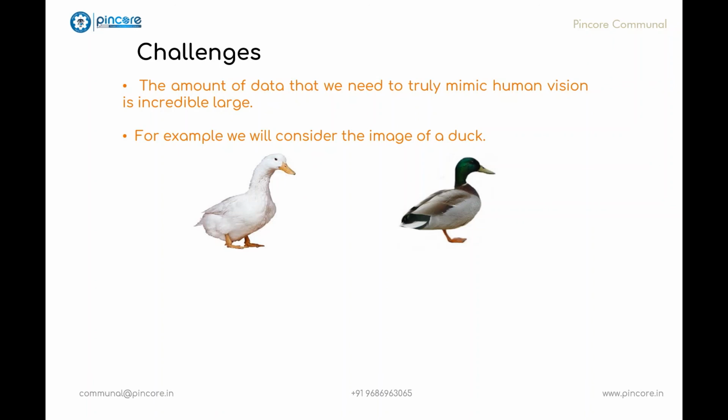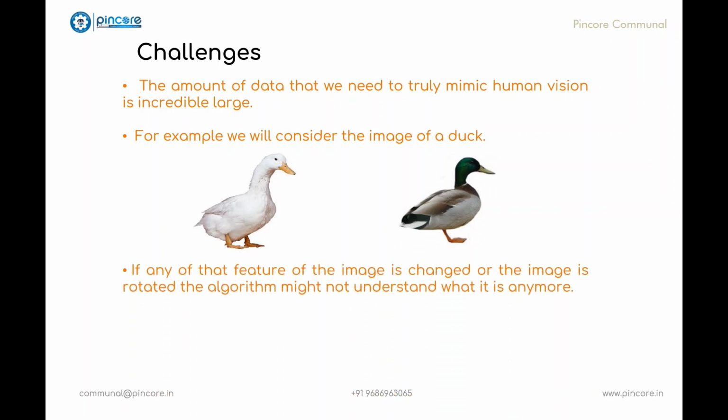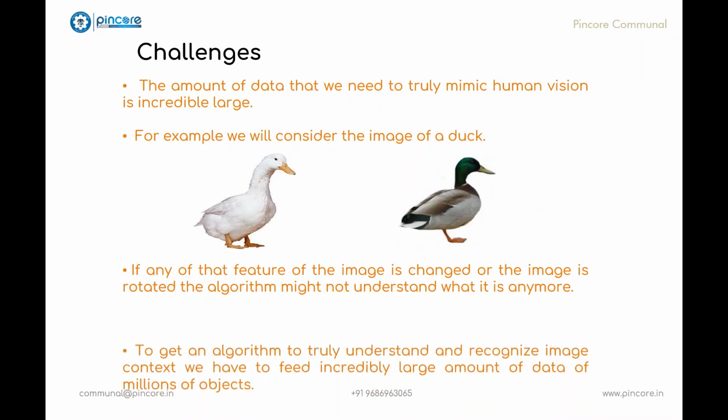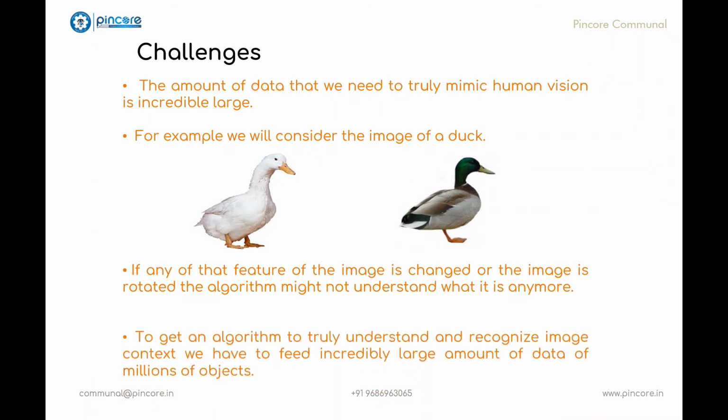Now, this is the problem in case of pictures. To get an algorithm to truly understand and recognize image content in the same way the human brain does, we have to feed incredibly large amounts of data of millions of people and objects across thousands of angles, all annotated and properly defined.